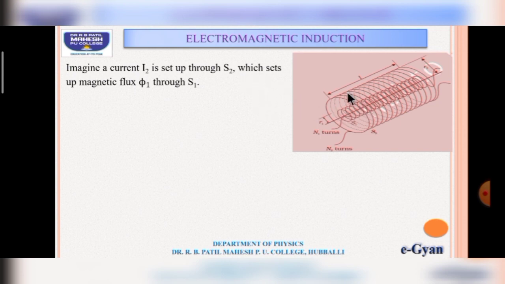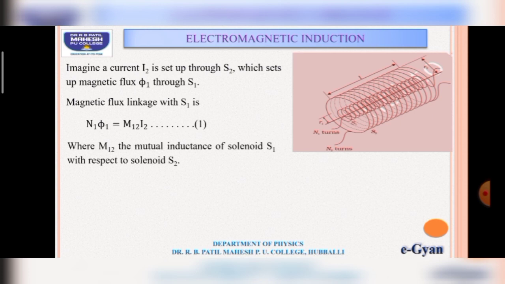When current I2 flows through S2, a magnetic flux is linked with S1, and that magnetic flux is given by phi1. The magnetic flux linked with S1 is N1 phi1 equal to M12 into I2. Let this be equation 1, where M12 is the mutual inductance of solenoid S1 with respect to S2.